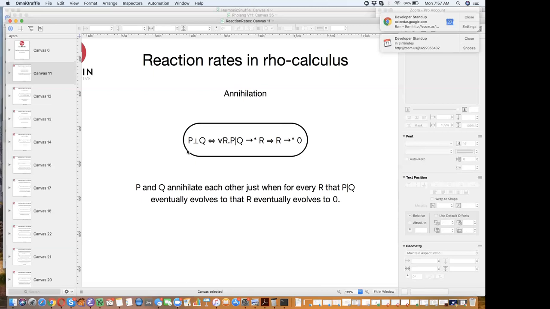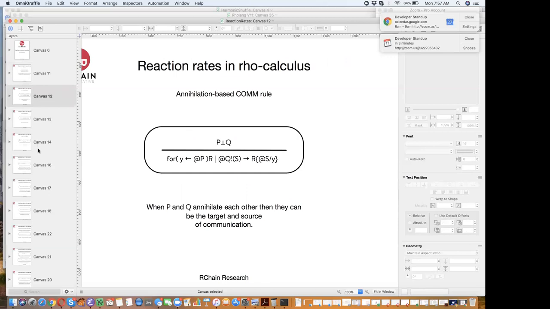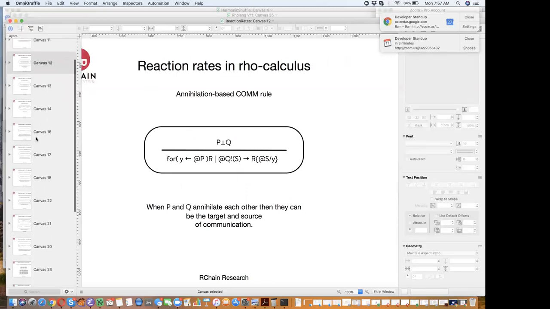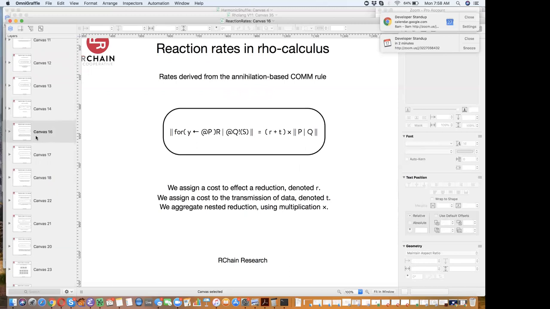It's 30 or 40 pages of math to be able to write down the meaning of a stochastic reduction, whereas here there's one line, there's another line, and there's another line.